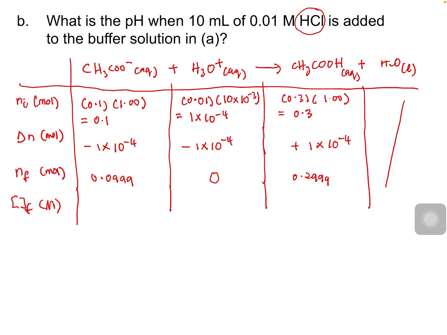Concentration ialah number of mole bahagi dengan volume kan. So ini ialah dia punya number of mole bahagi dengan volume. Volume dekat sini ialah total volume. Maksudnya 1 liter, tadi ialah 1 liter tambah dengan this one 10 mil. Okay, tambah dengan 10 mil.